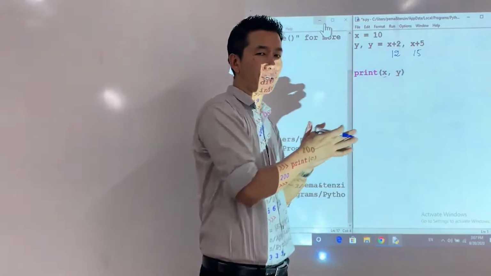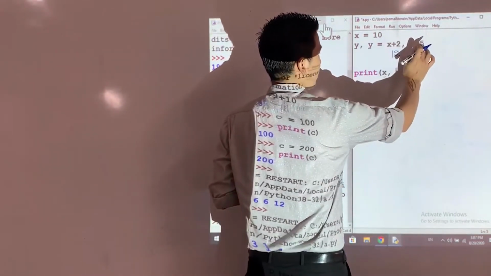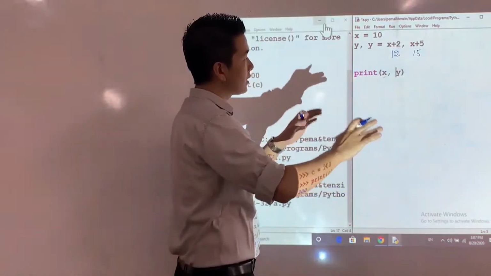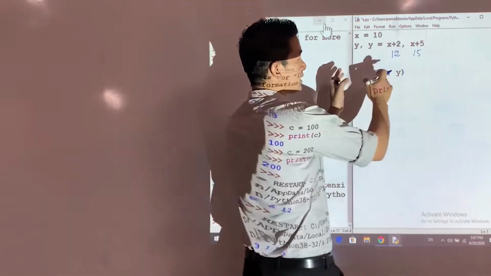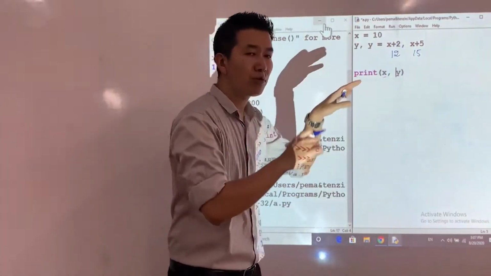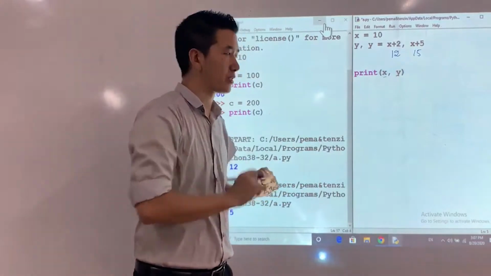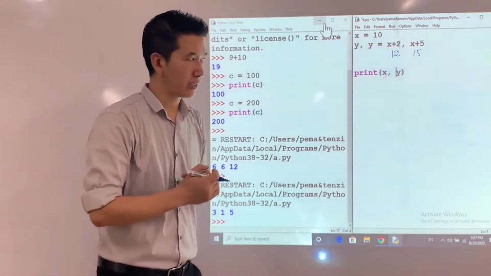So step number 1 is to evaluate x plus 2, x plus 5. Step number 2 is 12 will be assigned to y, and then step number 3 is 15 will be assigned to y. Since I'm referring to the same variable, the later value of y will be considered.